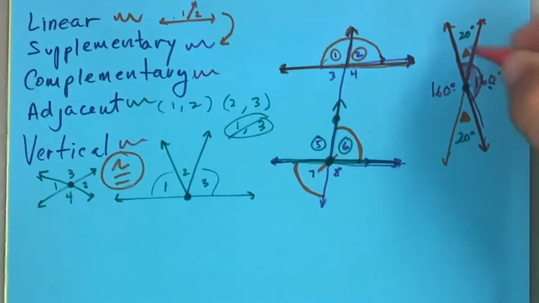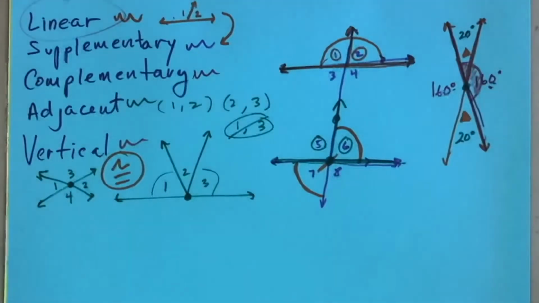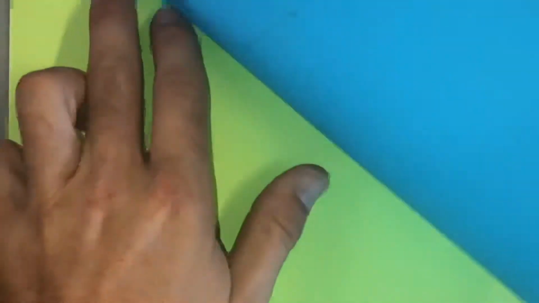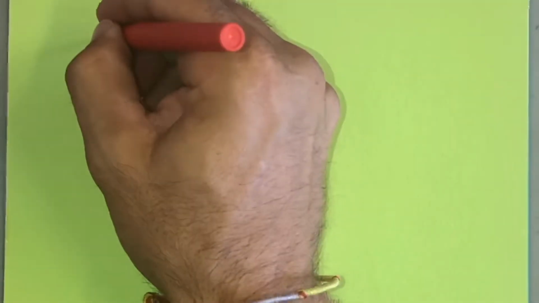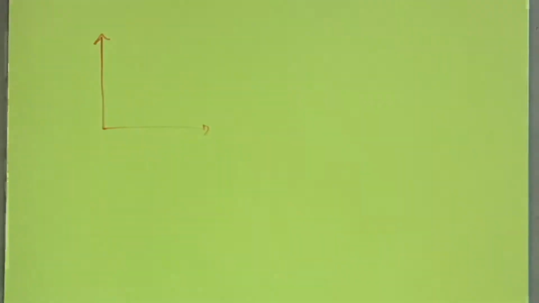And since they make up a straight line and they're supplementary, I could also say they're linear. So you see, there's a lot of relationships between these angles. I'm going to show a few more examples just so you can totally understand adjacent, non-adjacent. So let's look at a pair of angles.